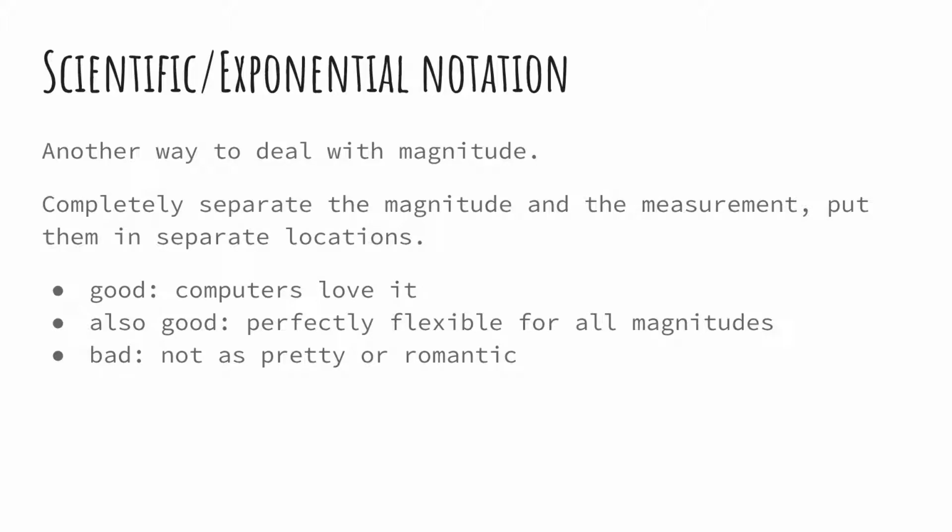But it's not as pretty or romantic. It's not quite as intuitive. You have to put a little bit more effort into really grasping these different magnitudes, but it's just so flexible that we almost always work with it now. The prefix system is not going to go away, but the scientific or exponential notation really is here to stay.